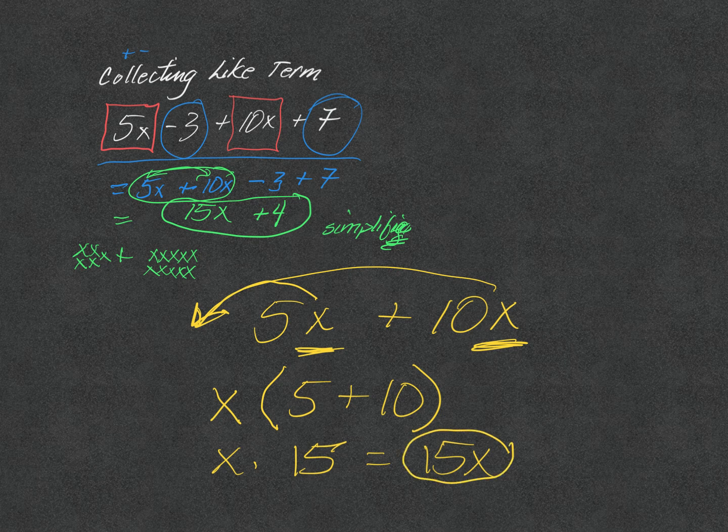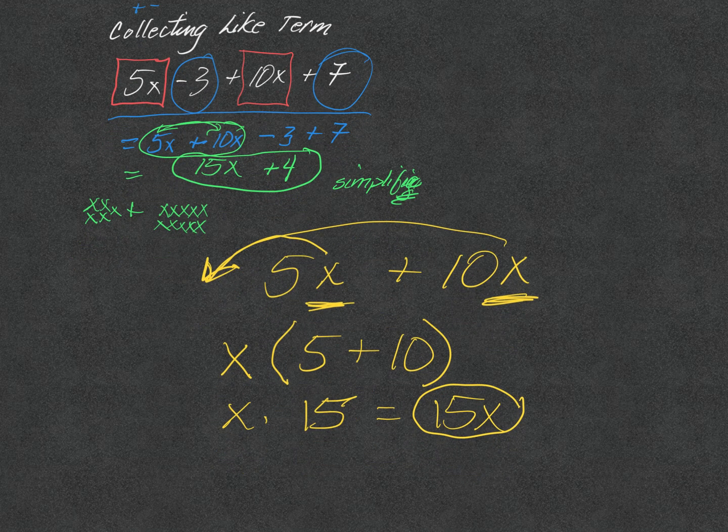It's the distributive property which says you can add things together that are like terms, and that's why they have to exactly match. That's why you can't add an x squared and an x together and combine them, because they're not exactly the same. It's because you can't factor it.